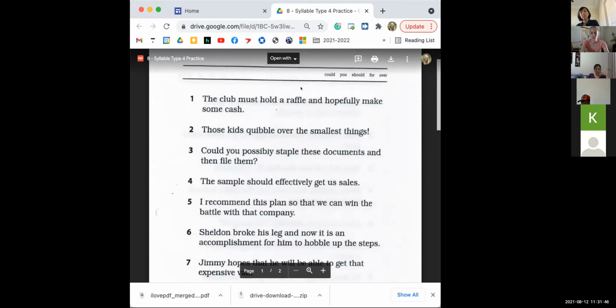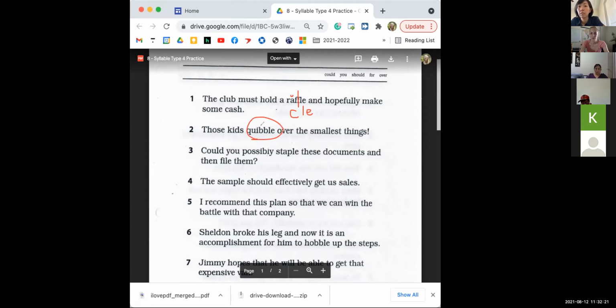The club must hold a raffle and hopefully make some cash. So we have the word raffle. Here's our LE syllable and our closed short A, raffle. Number 2, we find our consonant LE word.